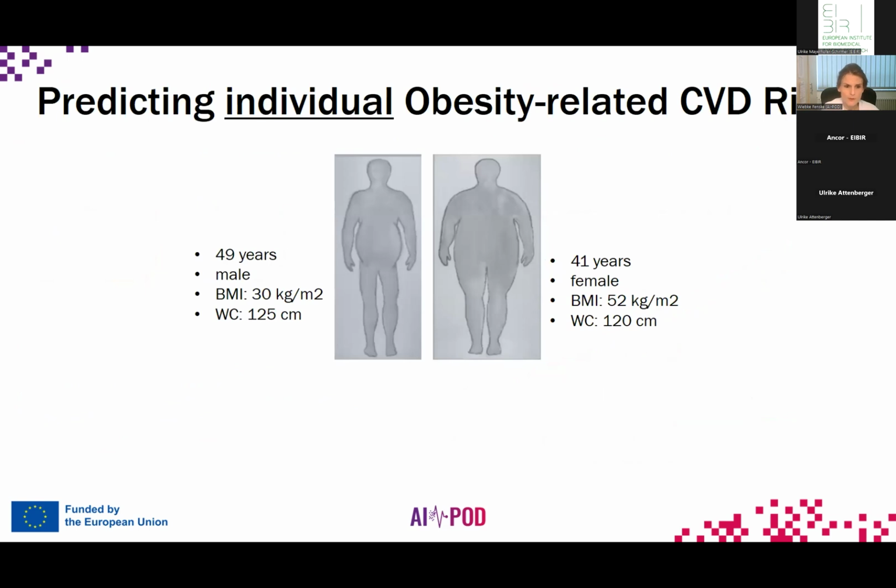And that again brings us back to the initial and clinically relevant question, which is: how can we identify the individual patient that is at high risk for cardiovascular disease progression and that might probably benefit most from intensive weight loss intervention?